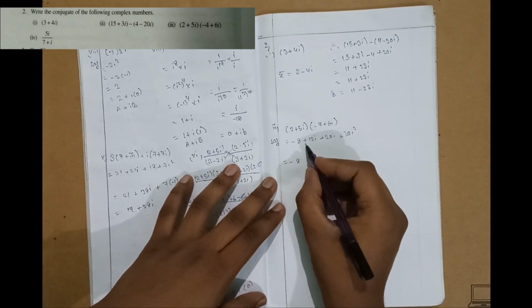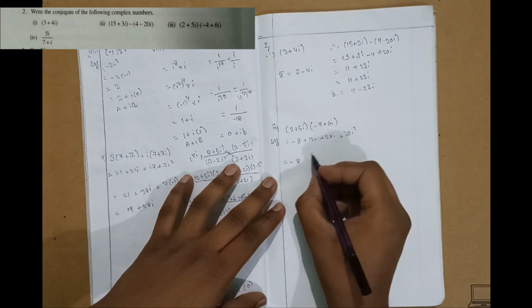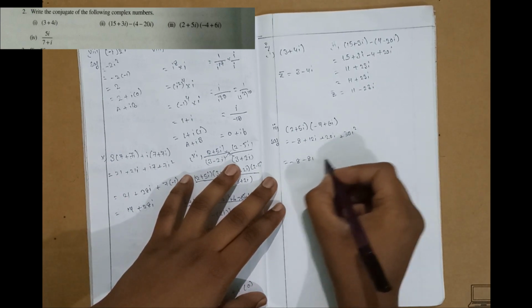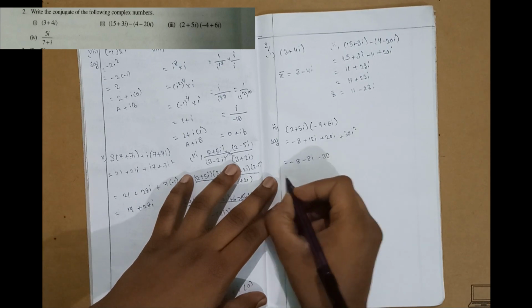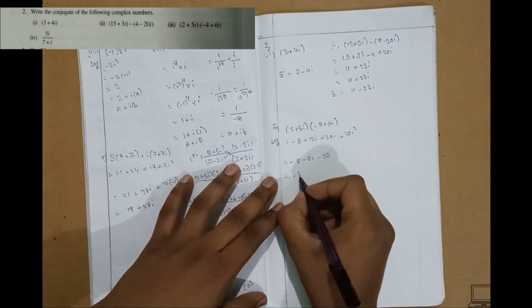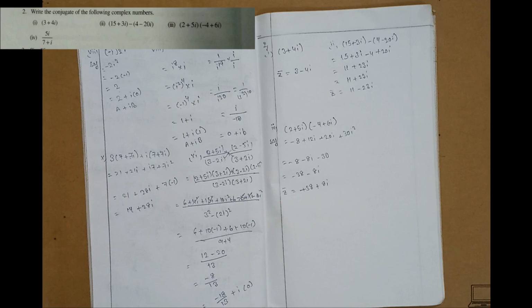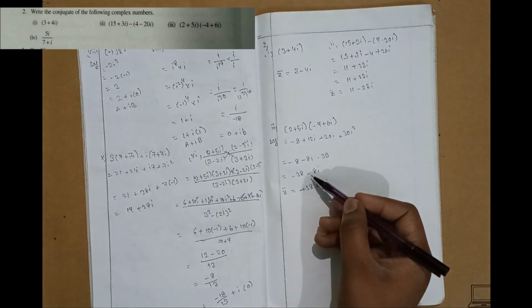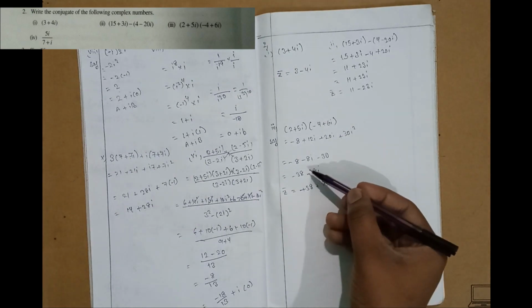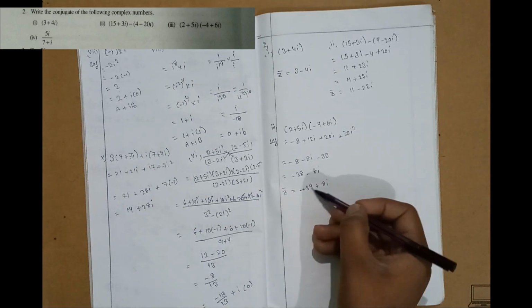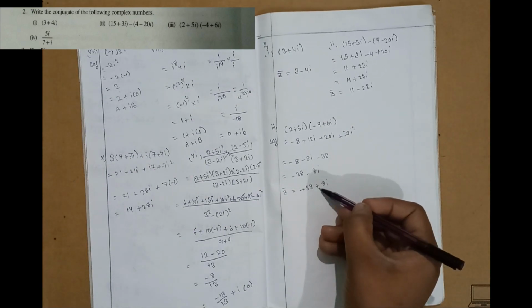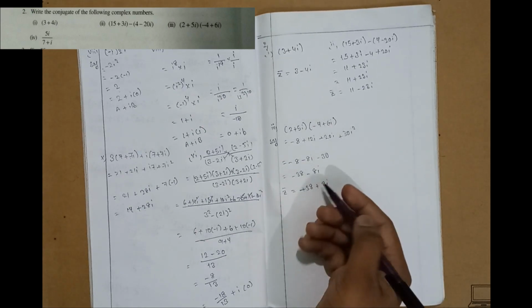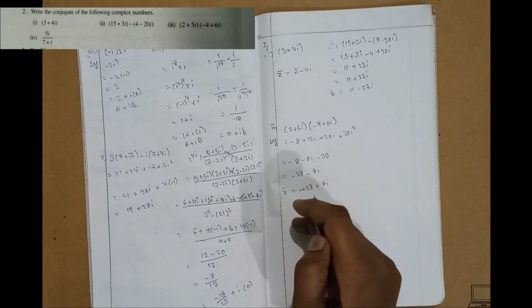Minus 8 plus 12i minus 20i will become minus 8i. Here it will become minus 30, minus 38 by 8. Here it will become minus, because we need to change the sign between the a and b. We changed the minus into plus, and here it is for the a, so we don't need to change the a symbol.